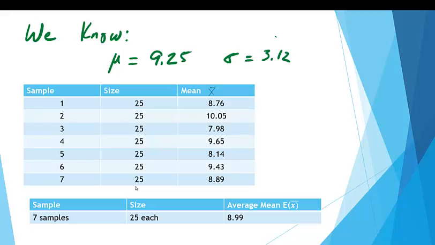So our sample mean was 8.99 and our population mean was 9.25. Okay, so this is an example. The reason I'm showing you this is because I want you to see that there's a little bit of error built in here. Okay, 0.26 hours, about 15 minutes a week, is how much I'm off in my sample.